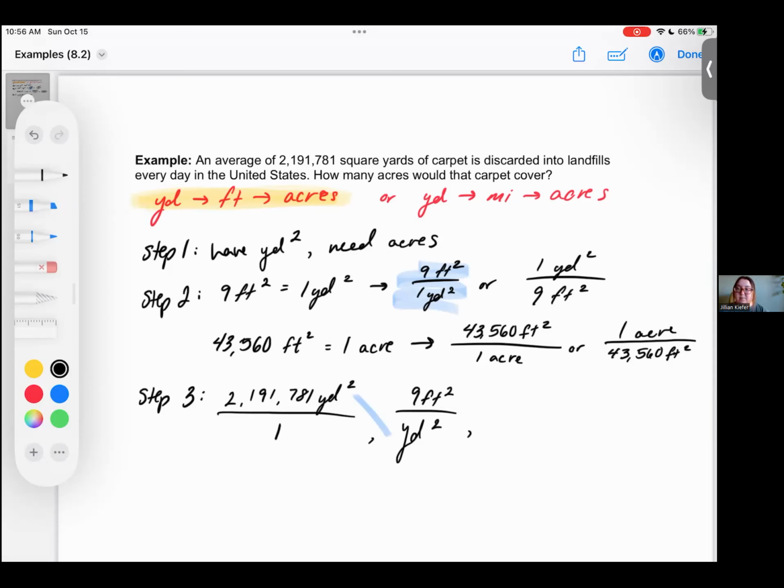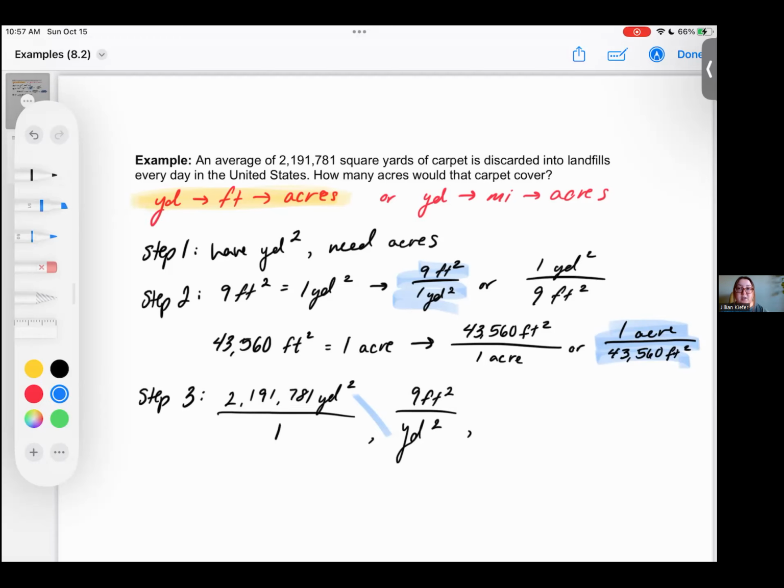Then we're not done yet, because this would result in feet. We want to go into acres as well. So same thing, we want to find the relationship between feet and acres, where feet squared has to cancel in the denominator of the next one. Looking at our ratios, that is the ratio we want to use.